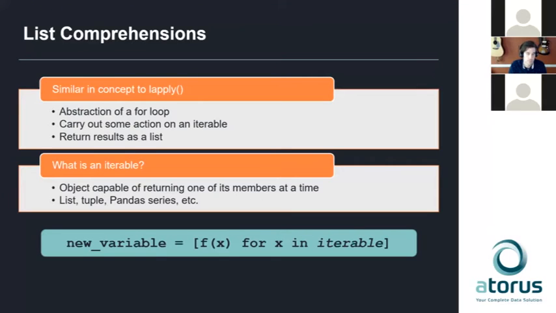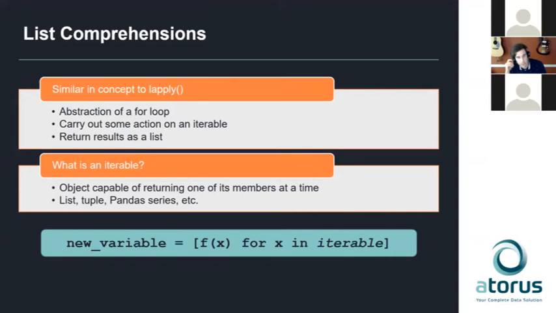The basic form is function for element in iterable, and the function is applied to the element. You can go really crazy with these, and they're one of the more powerful things in Python, in my opinion, because they're really flexible and easy to use. There's also dictionary comprehensions that do a similar thing with key value pairs, but we're going to talk about list comprehensions because we're going to talk about lists and series today.